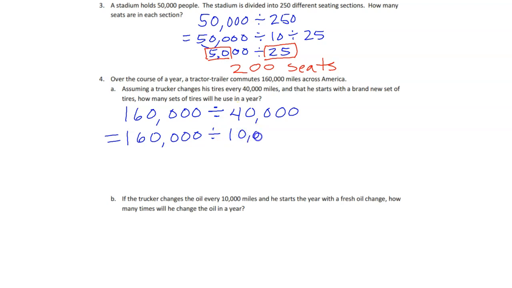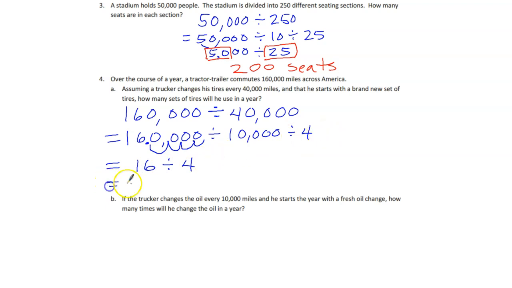So I'm going to take my 10,000 and I'm going to take my 4. Now 10,000 has 1, 2, 3, 4 zeros. So I'm going to divide by 10, divide by 100, divide by 1,000, divide by 10,000. So I know that this is going to be equivalent to 16 divided by 4. And my 4 is still down there by itself.